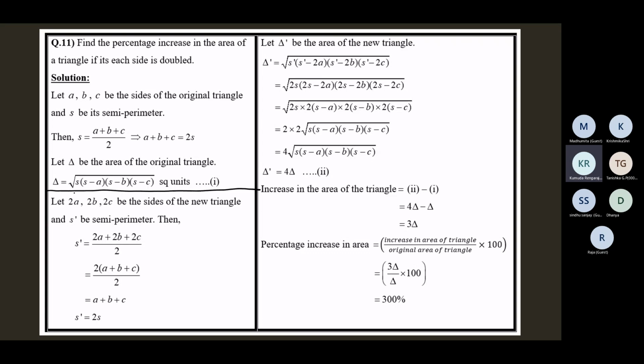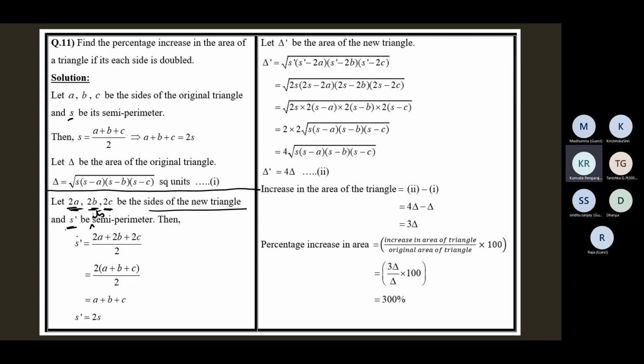Now next, let 2A, 2B and 2C be the sides of the new triangle and S dash be its semi-perimeter.